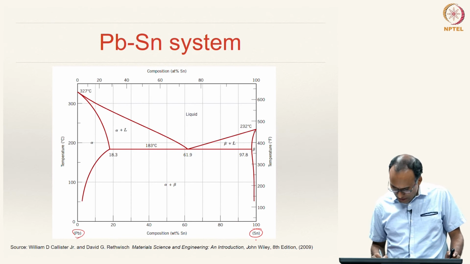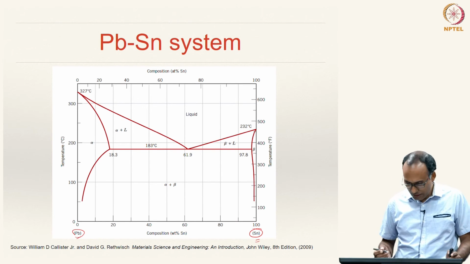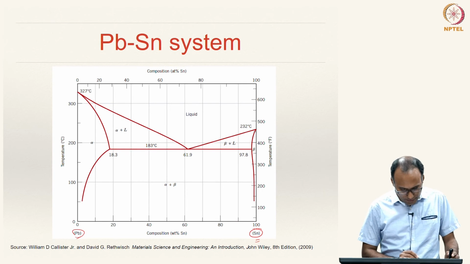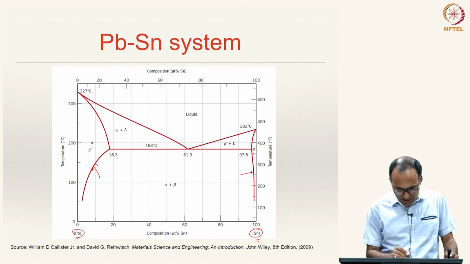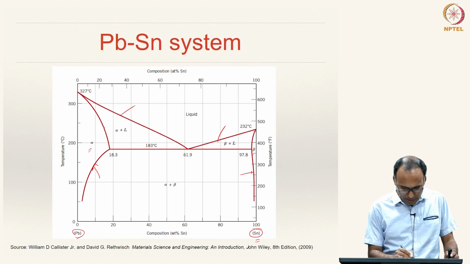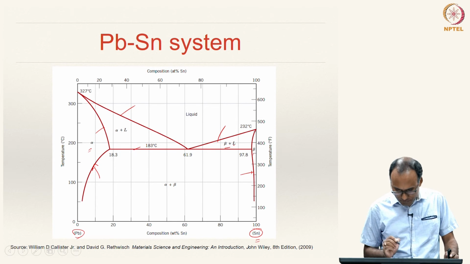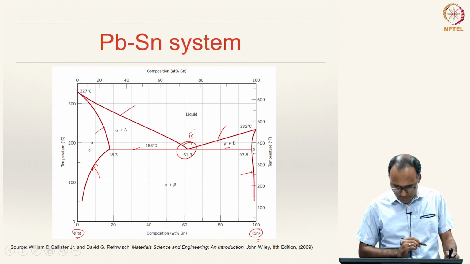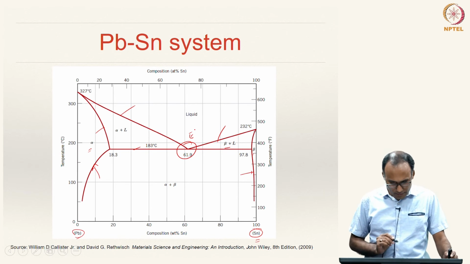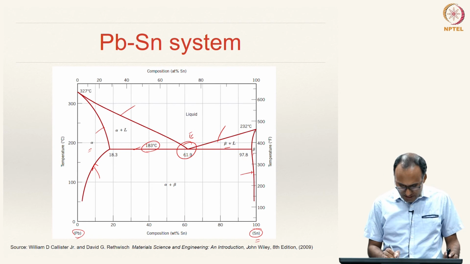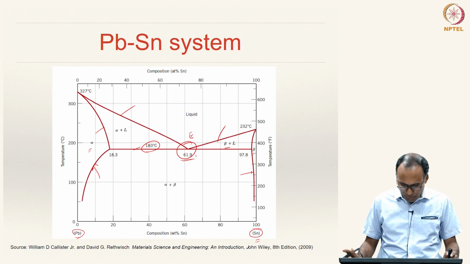Lead is soft and tin is relatively harder compared to lead. You have the alpha solid solution and this is our beta solid solution, these two are solvus lines, this is the liquidus line, this is the solidus line, and that is our eutectic point. The eutectic temperature is 183 degrees Celsius and the eutectic composition is 61.9% tin.